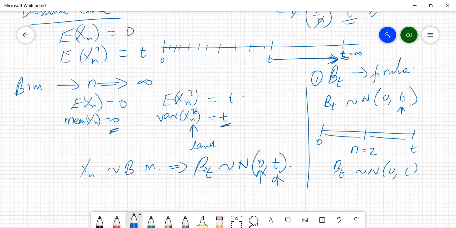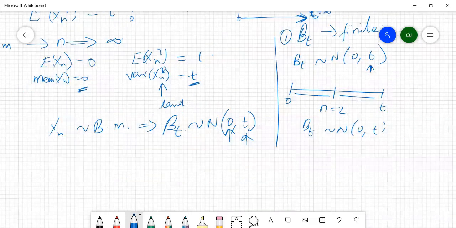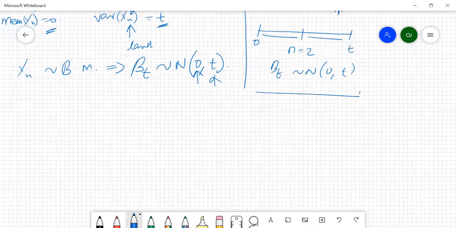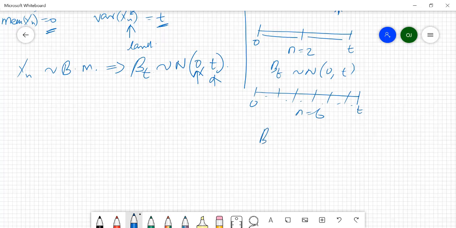Now, if we move again to 0 and t, and we subdivide this into 1, 2, 3, 4, 5, 6, so n is equal to 6, our Bt still becomes normally distributed, 0, t.